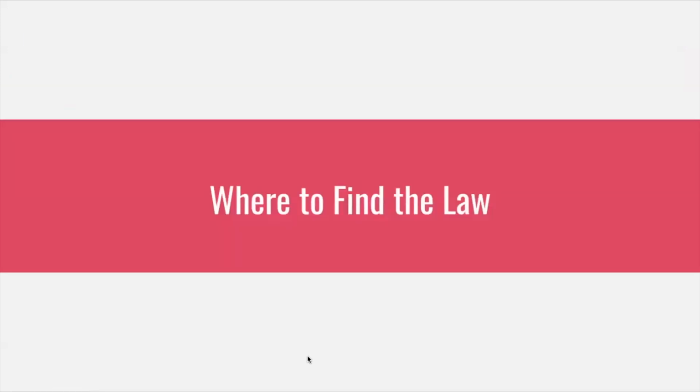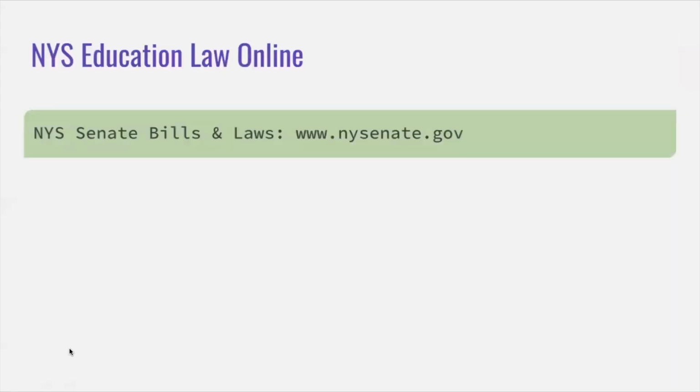So just quickly, I want to show you where to find the law, because it's always useful to read the actual language of the law rather than just my quick summary. So New York State education law can be found online. The New York State Senate website has a really good web page. If you go to the New York State Senate homepage, you have a little button that says Bills and Laws.